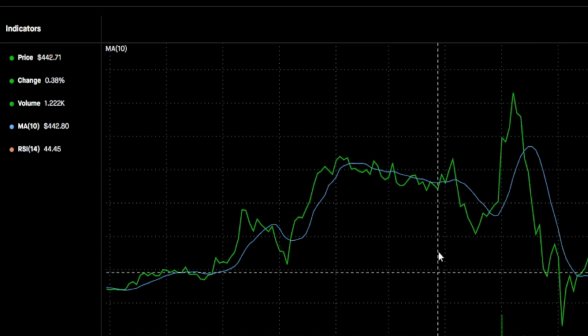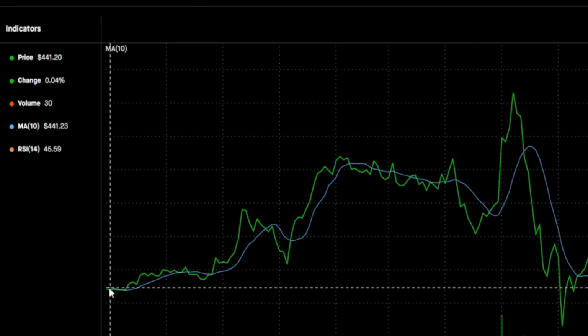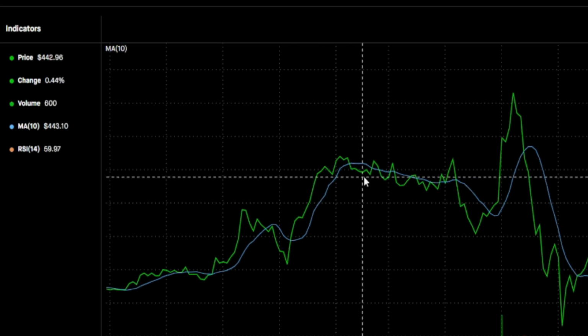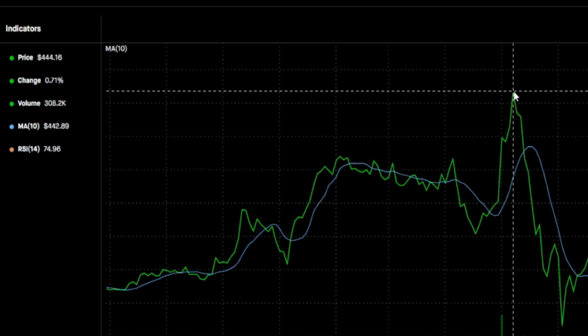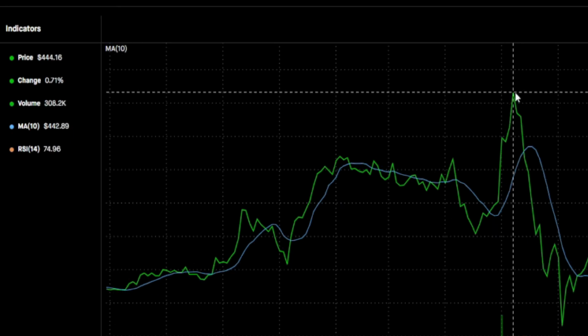For instance, if I bought it here after hours at 441, that was one of the lowest points during after hours. If I waited for it to rise to 444 and sold, I would have made some profit from here to here. You know what I mean?